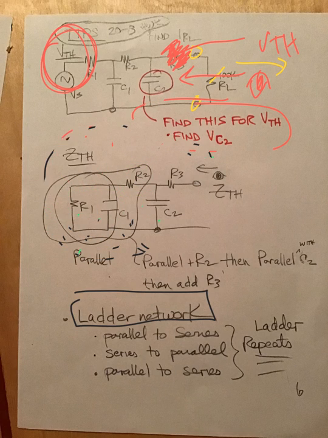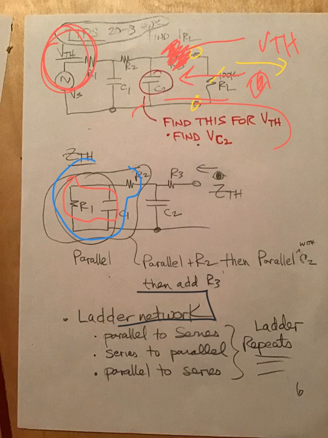Ladder networks are misleading because they're easy to see the series and parallel, and sometimes they can be a booger to solve. So what I was trying to say was that gets consumed in parallel. Then the blue circle picks this up along with the parallel, and they're in series. So you use the series formula. You use the parallel formula here.